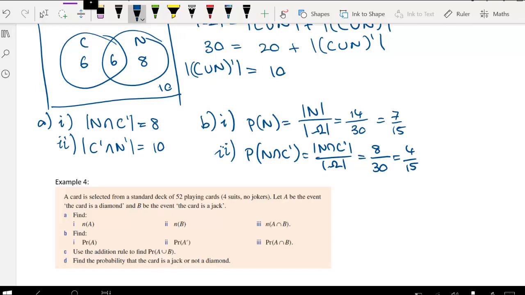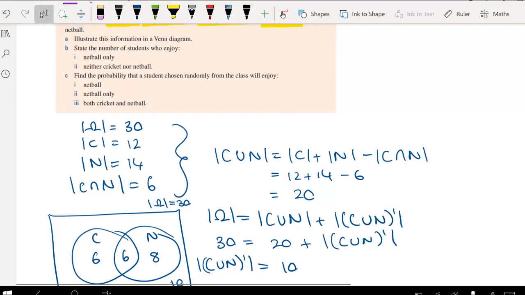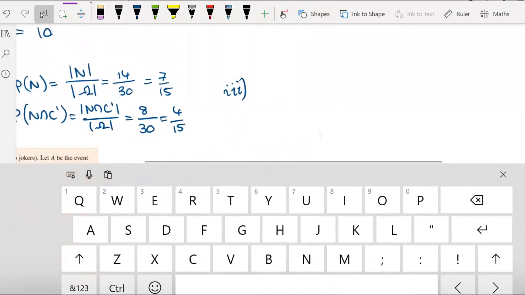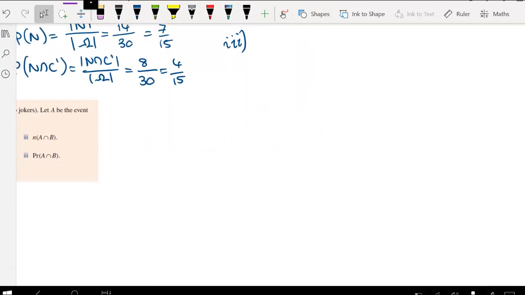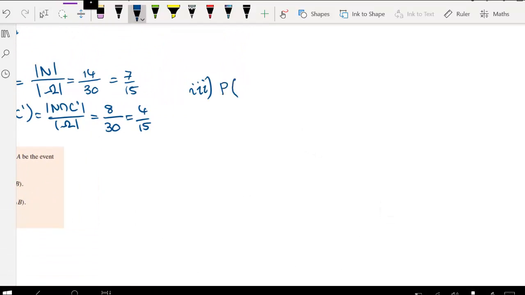And then when we look at the third part, we're looking at both cricket and netball. So both cricket and netball will be the probability of cricket and netball, which will be the cardinality of cricket and netball over the cardinality of the universal set.